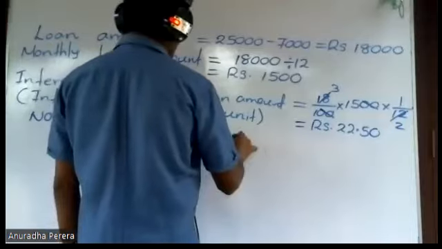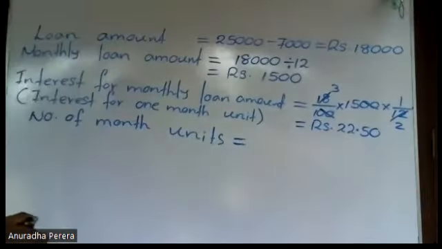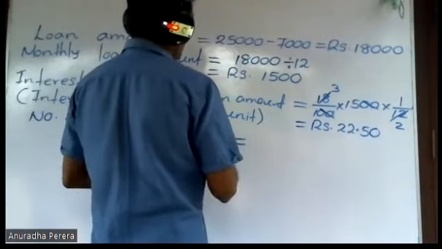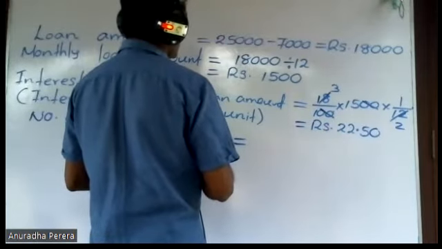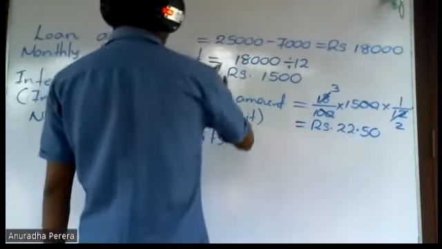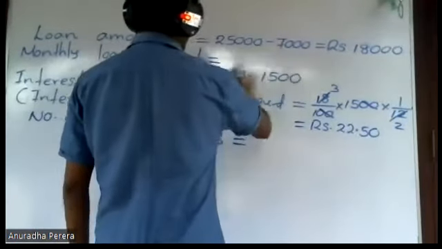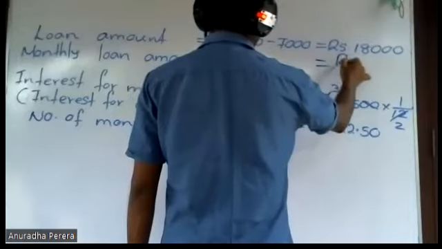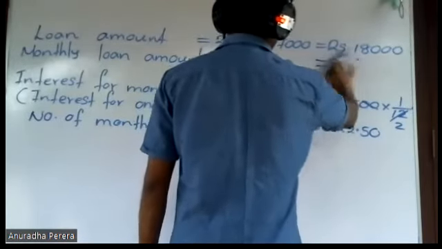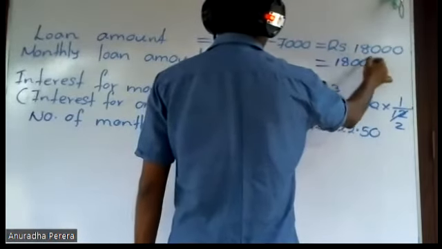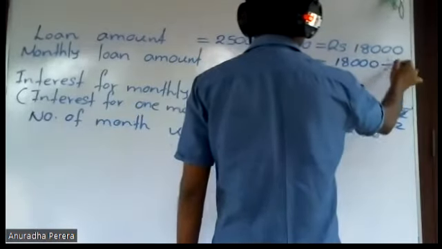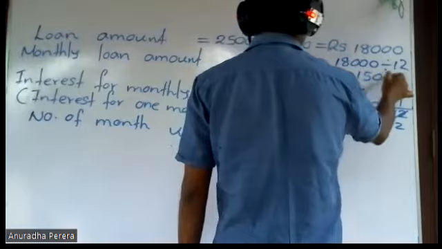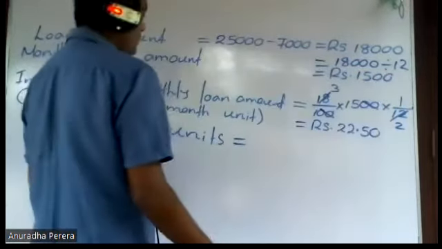How can you find it? n over 2 times (n plus 1).